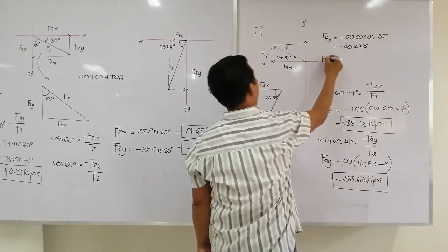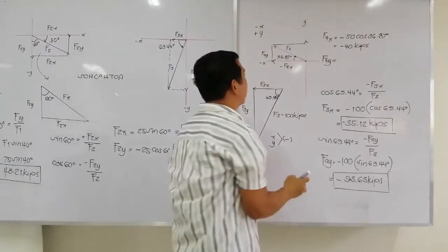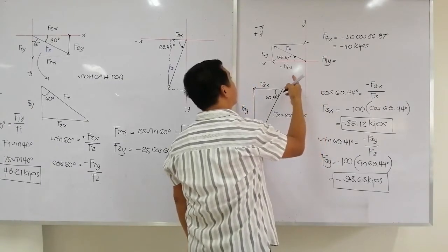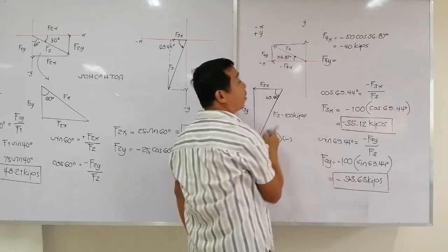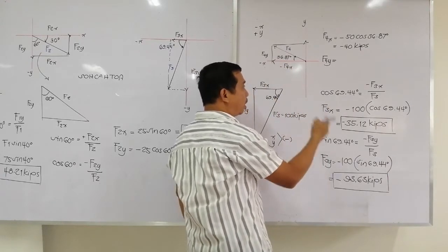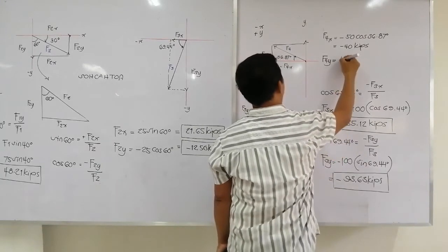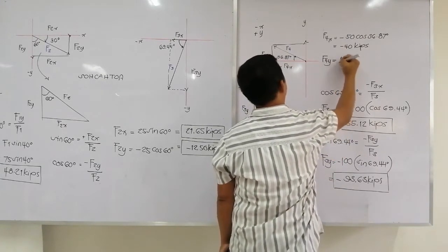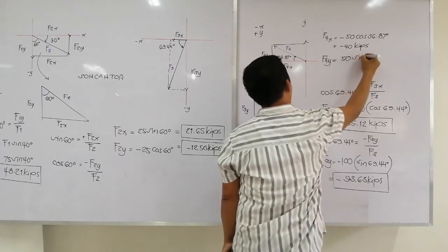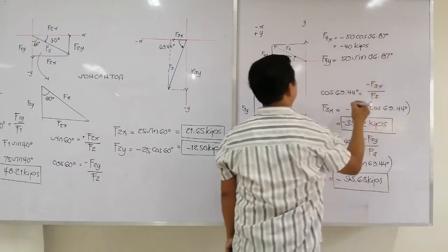And for your F4Y, that would have to be sine. Why? Because sine of the angle is opposite F4Y over hypotenuse F4. Transposing, your F4Y would have to be positive F sub 4 that has a value of 50 times the sine function of the angle 36.87 degrees.